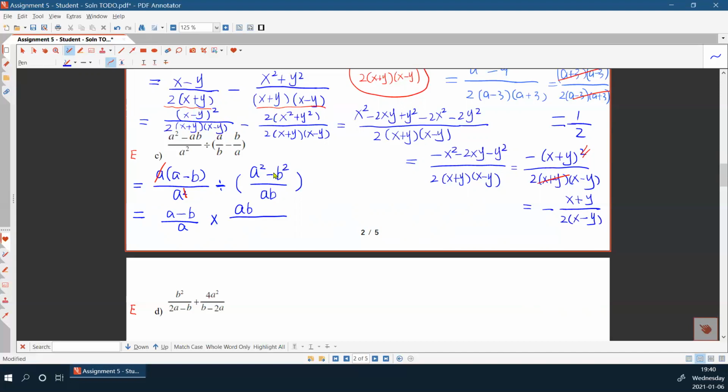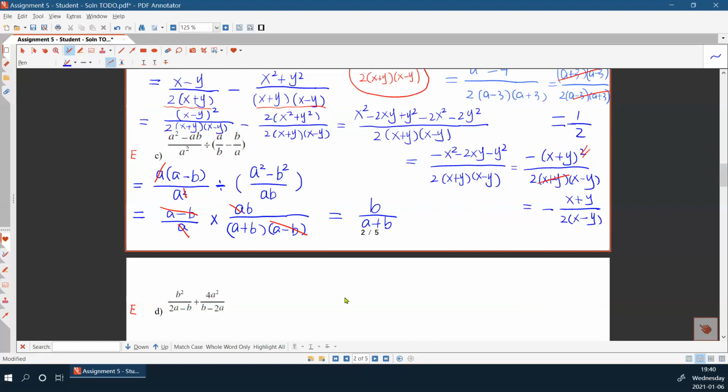Again, we factor a squared minus b squared into a plus b times a minus b, right? And then we can cancel a minus b and a here, right? So the final result should be b divided by a plus b.